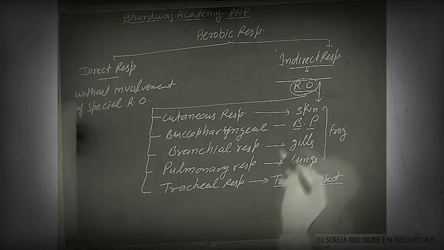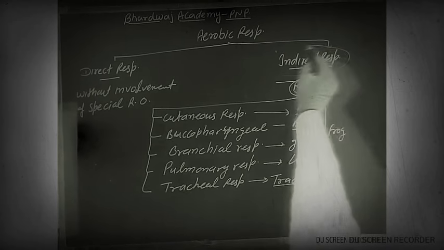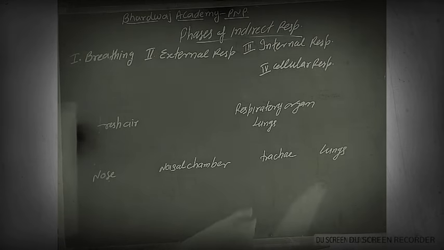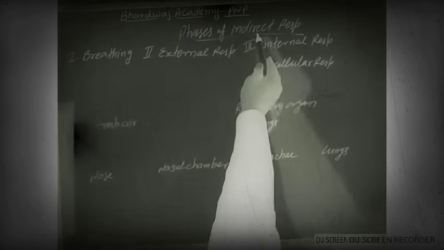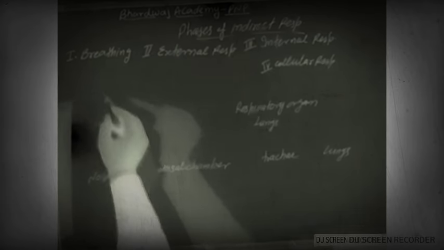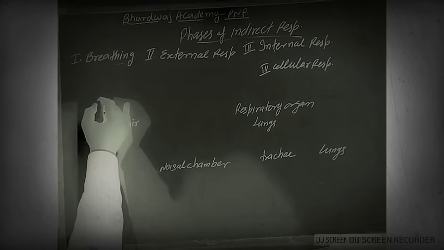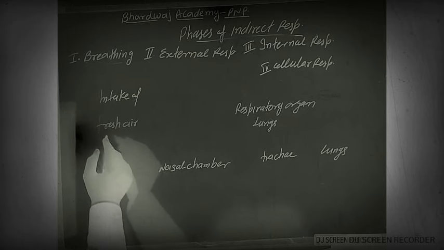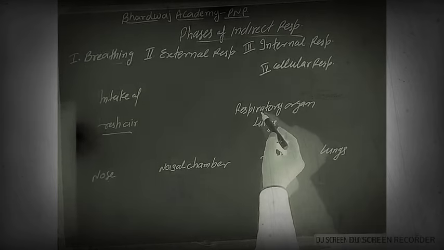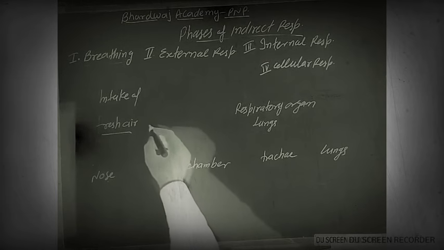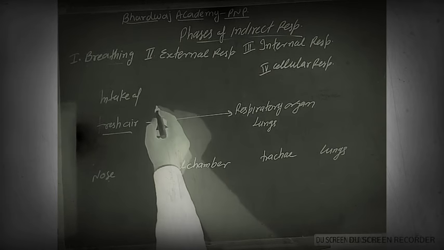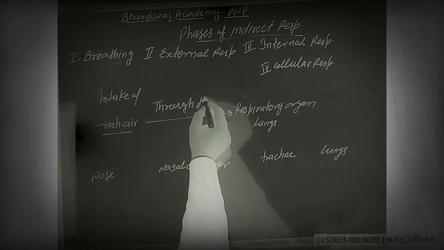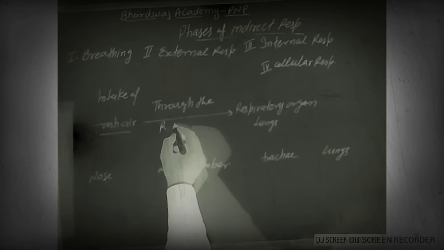Then the phases of indirect respiration. First phase of indirect respiration is breathing. Breathing means the intake of fresh air into the respiratory organ like lungs through the respiratory tract.